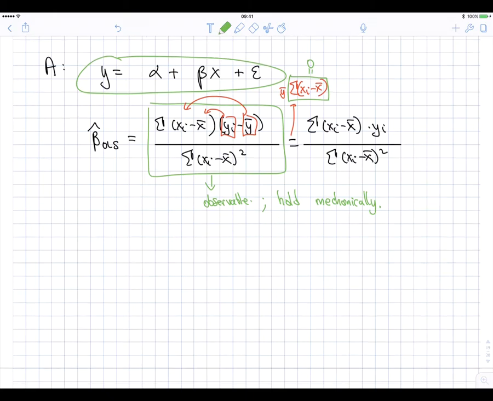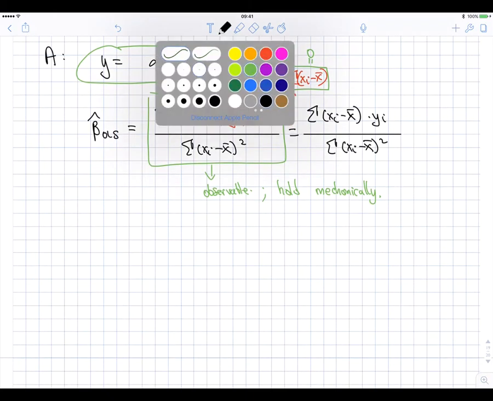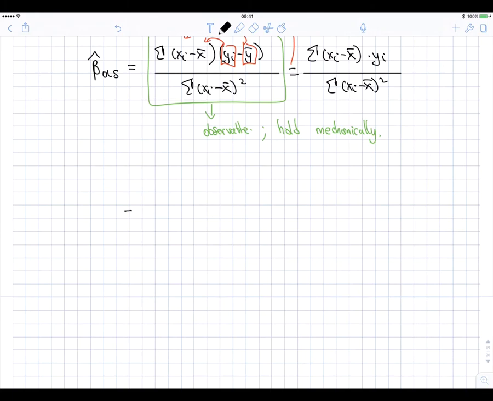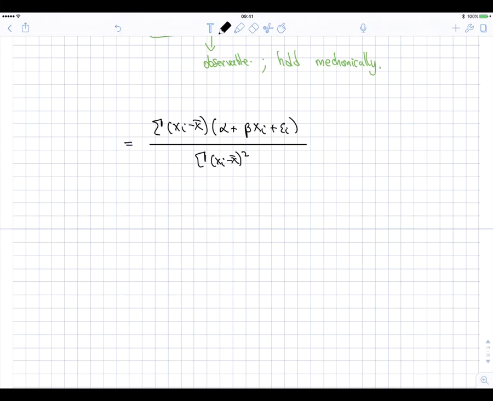And the second thing is, at this stage, again, this is mechanical, but I can say, let me plug in what yi is, which is simply alpha plus beta xi plus epsilon i, over the sum of (xi minus x bar), all of this squared. Agree? Excellent. Once you've done that, look how easy your life is.